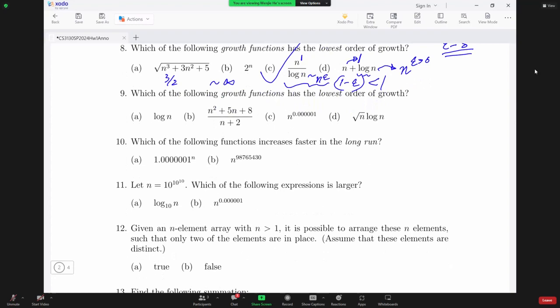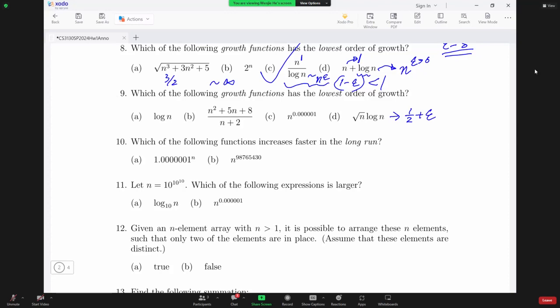That's number 8. Number 9, if you use the same way, also good. Let's practice that epsilon way. D, we have root of n, so we have 1/2 order of growth from the root, and natural log epsilon, so 1/2 plus epsilon.